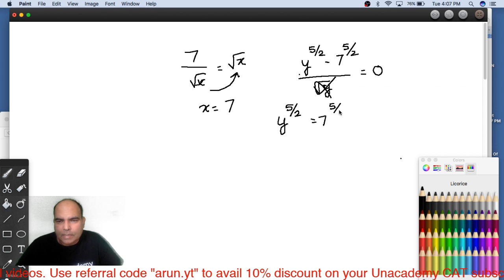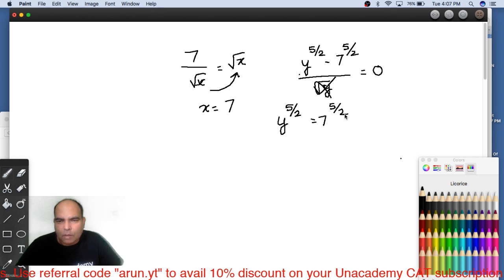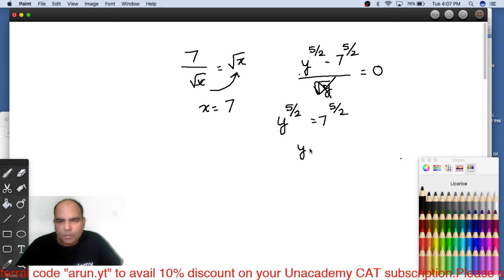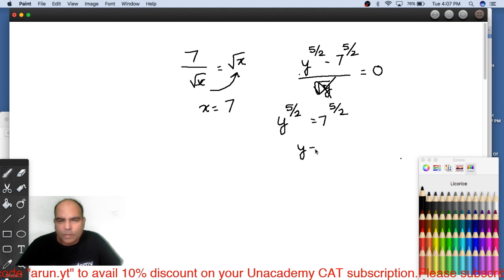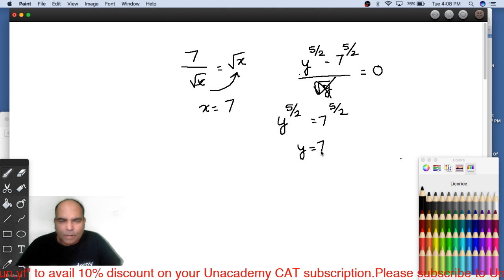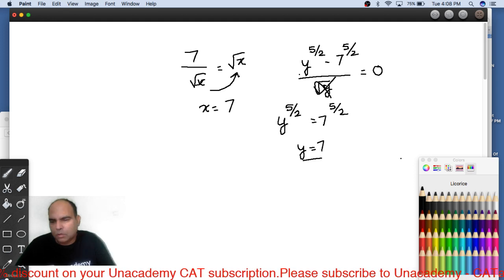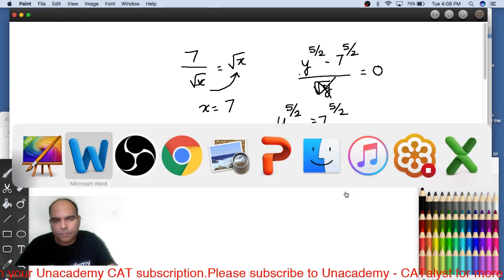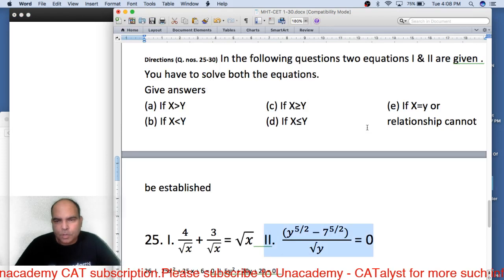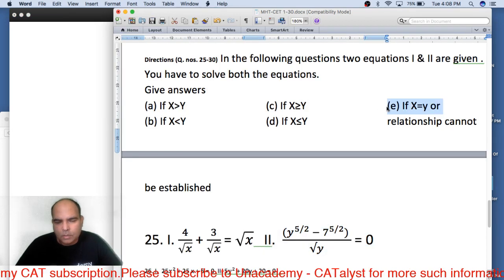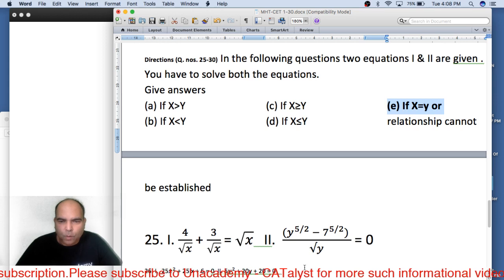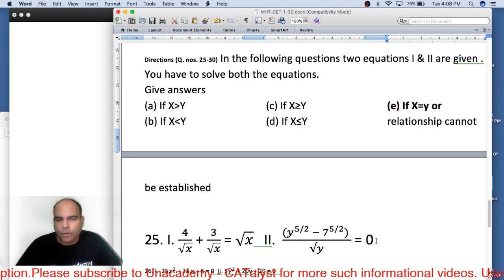In that situation, the value of y is 7. So solving these two simple equations gives you x is 7 and y is 7, and hence you can choose option E, because the relationship is x is equal to y. So the answer to question 25 will be E.